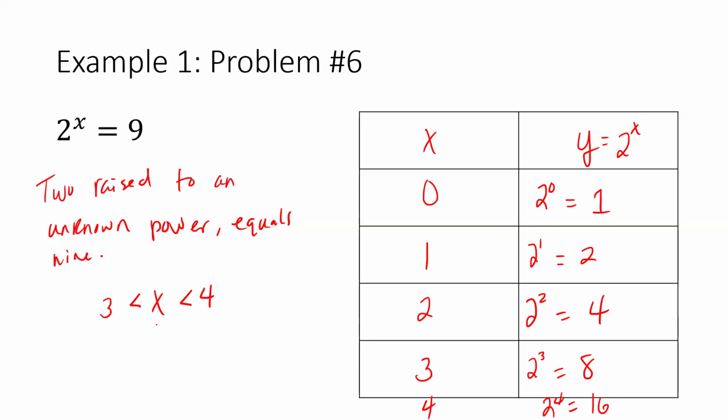That's how much I can approximate. This would be our approximate answer, not our exact. So our x is between 3 and 4. Notice that I don't use equal to because it's not equal to 3 and it's not equal to 4. It can't be. It's somewhere in the middle.